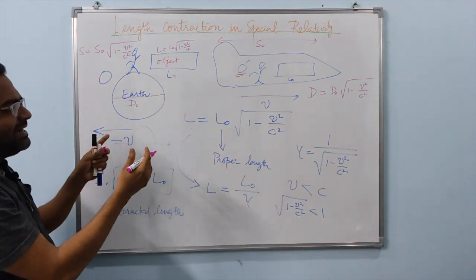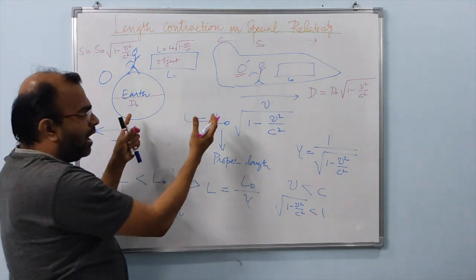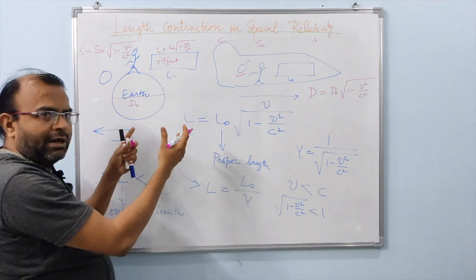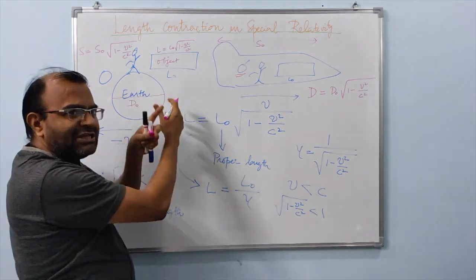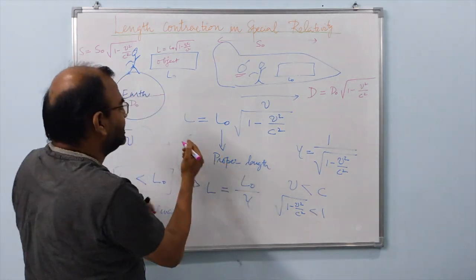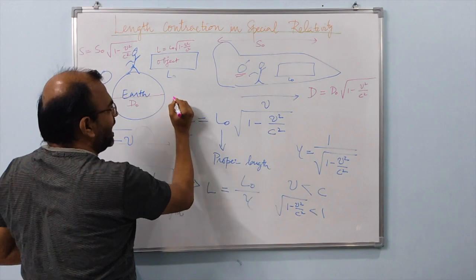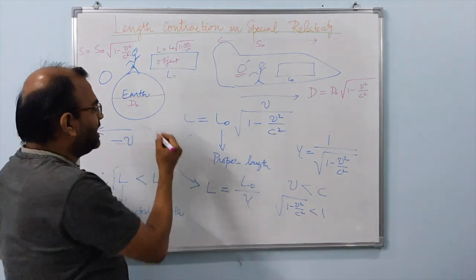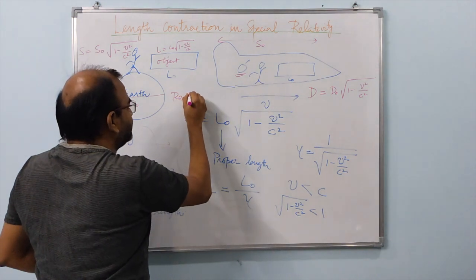So we can clearly understand that two observers in relative motion will measure lengths carried by each other to be contracted. Therefore clearly one can conclude that length contraction, just like time dilation, is a reciprocal effect.